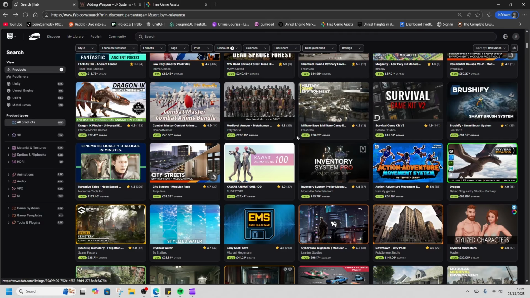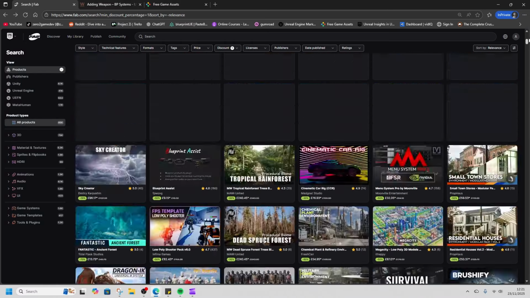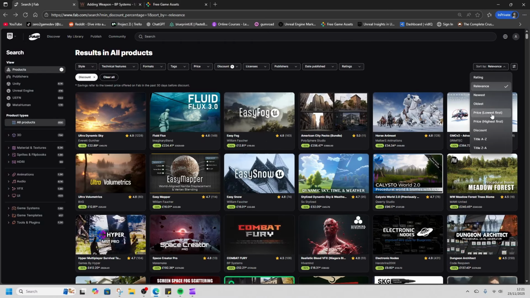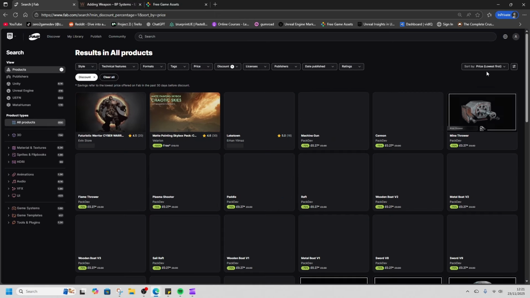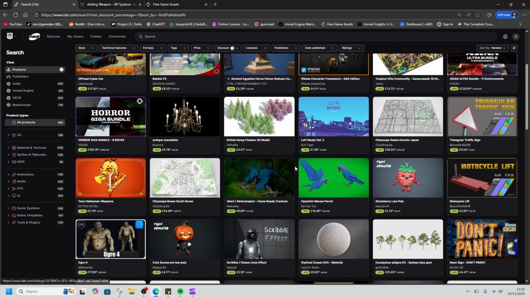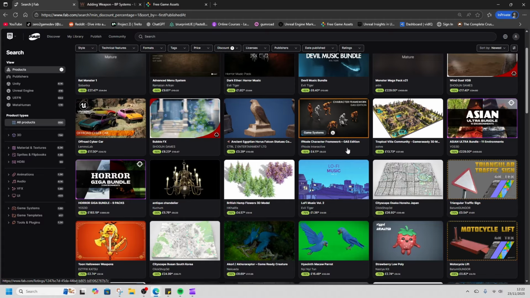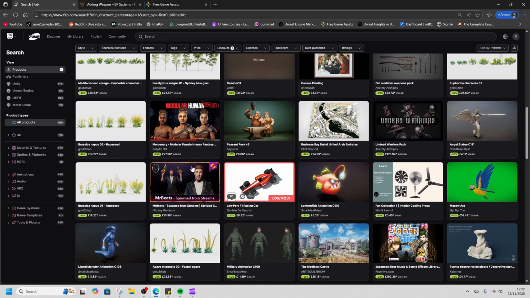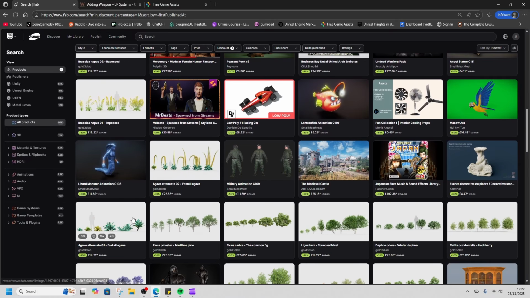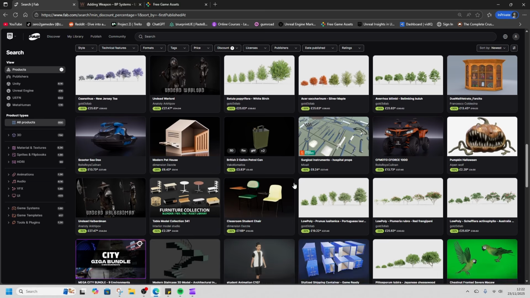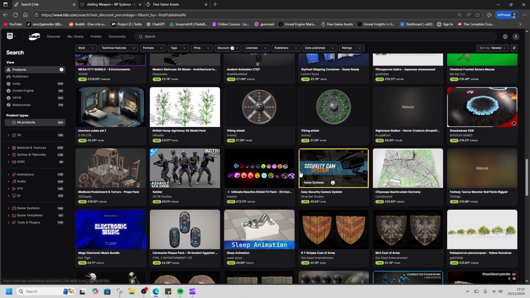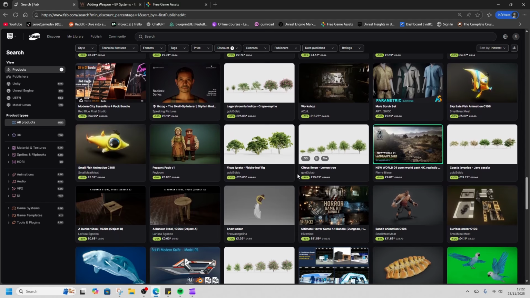But upgrading your animations to a new animation pack takes your game to another level for sure. Now you can definitely find cheaper. So if you drop the price to lowest or down to newest, then you can see different sorts of animations available. Some of these are junk and some of them are rather good. So let's find the one that I saw earlier.